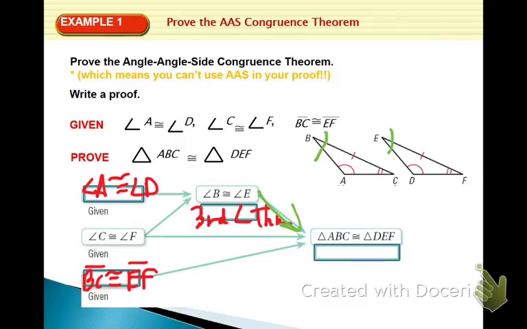And then we have C congruent to F, from that arrow, and then BC congruent to EF, from that arrow. Those three things, as I marked them in the figure, enable us to say the triangles are congruent. What reason is that? Look at how we've marked the triangles. What reason is that? Megan.